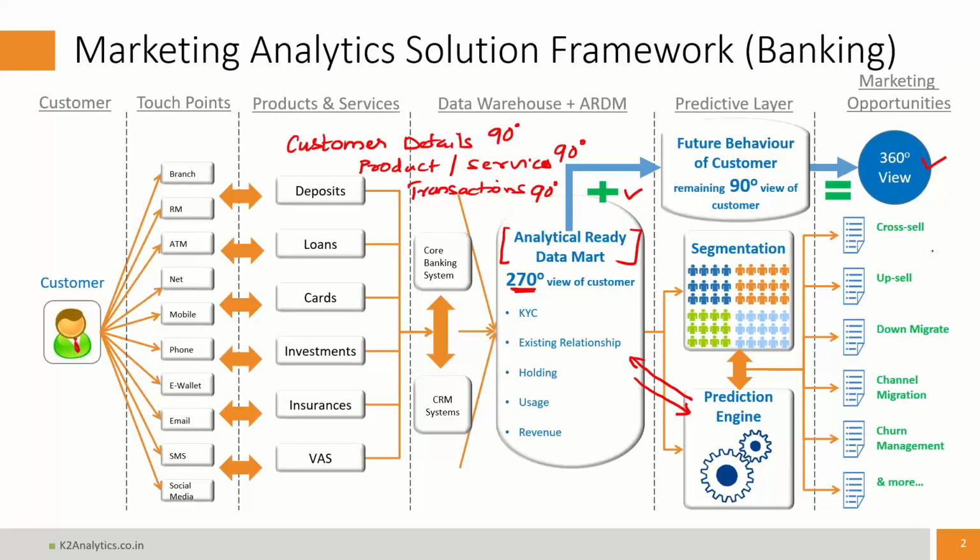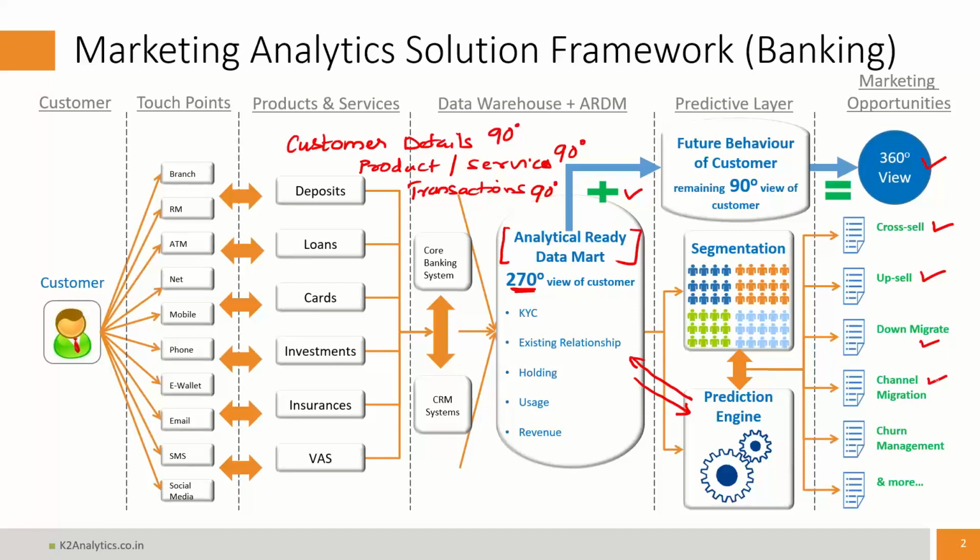Now in this 360-degree view, where we are predicting the future behavior, what can we predict? What other products we can sell to the customer, that is cross-selling. We can predict on existing customers, on existing products, which customer can be upsold. Basically, we can move the customer to a higher premium product. Some customers we may probably want to down migrate. There are many channels.